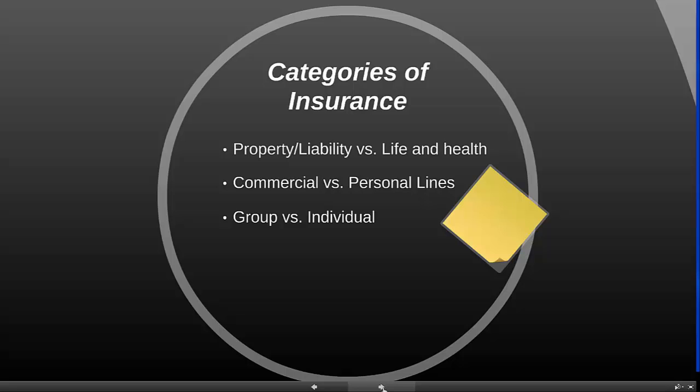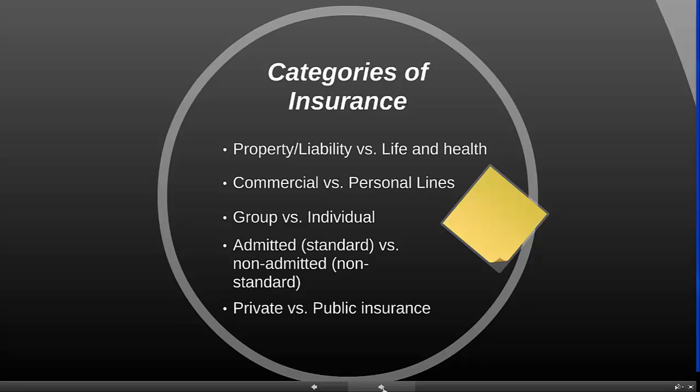The other reason it's less expensive is the insurance company is getting a large number of generally homogeneous exposures, and therefore they're willing to charge a lower premium. We'll talk about that more much later. Additionally, there's the admitted or standard market versus the non-admitted or non-standard market. The non-admitted market is the area of the insurance marketplace where surplus lines falls, as well as excess insurance and reinsurance. There's also public versus private insurance.